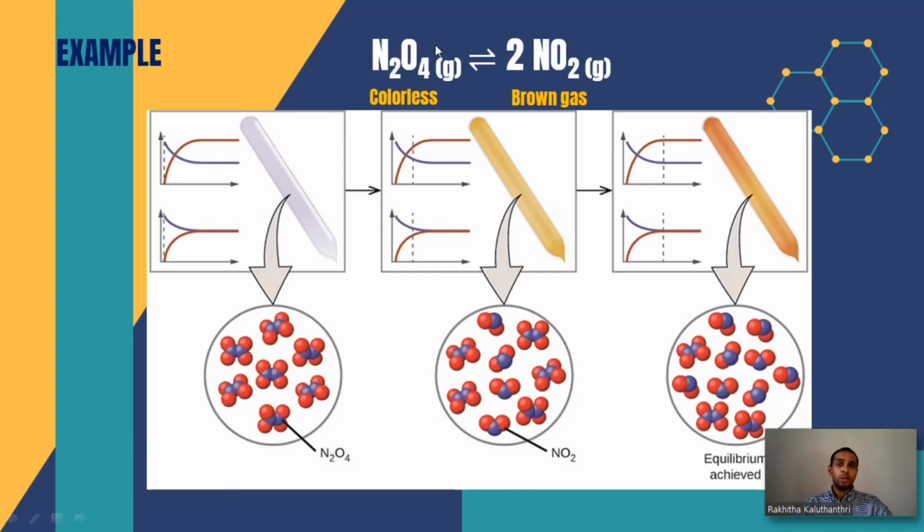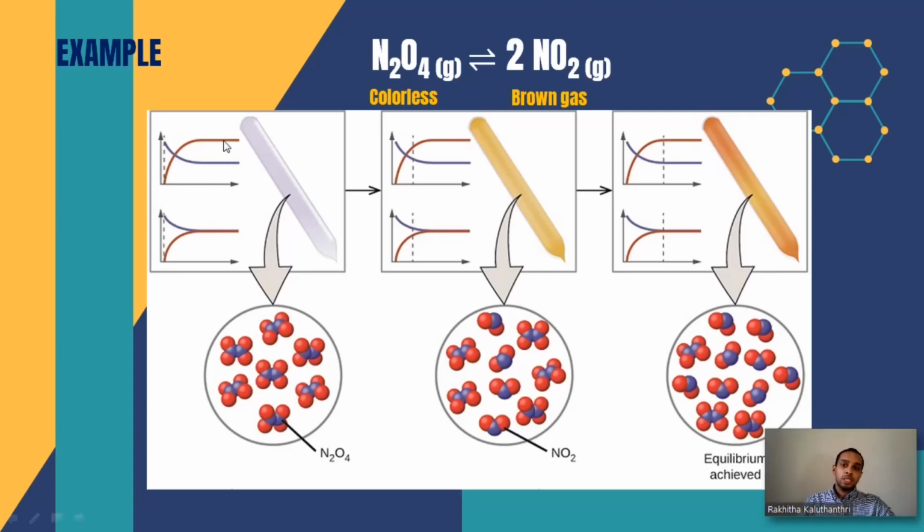That is because from one N2O4 molecule, two NO2s are produced. So the concentration of NO2 actually increases twice as fast compared to the speed at which N2O4 gets consumed, right? We are clear about that.